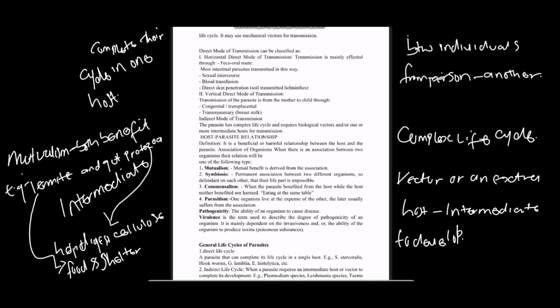Another type of relationship is symbiosis. Symbiosis is a permanent relationship where both organisms in the association depend on each other for survival.